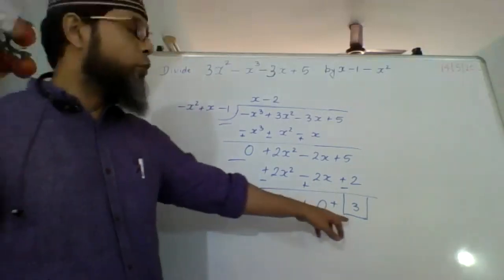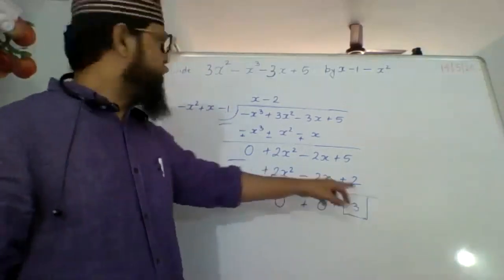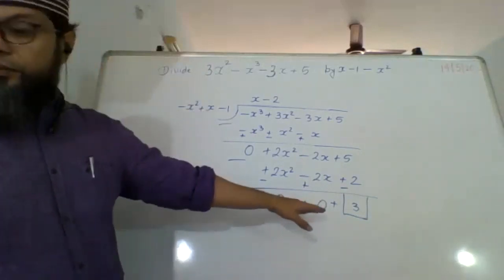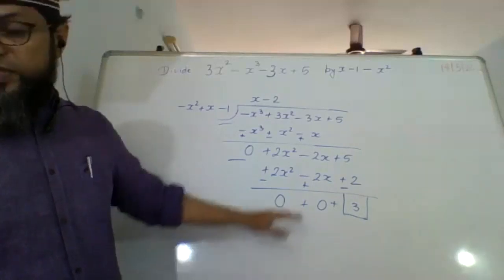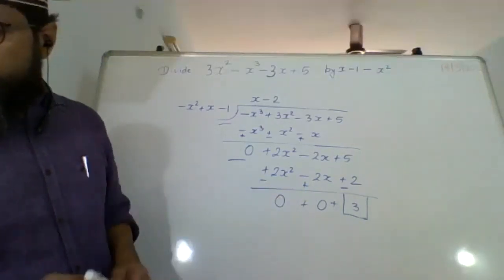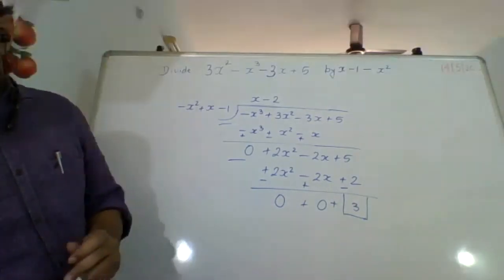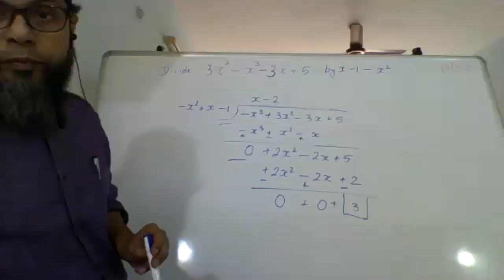We cannot go beyond this because here the degree of x is 0, which is less than the degree of the divisor. So we stop our division over here. We say this is the remainder. So what do we say? Dividend equals divisor into quotient plus remainder.